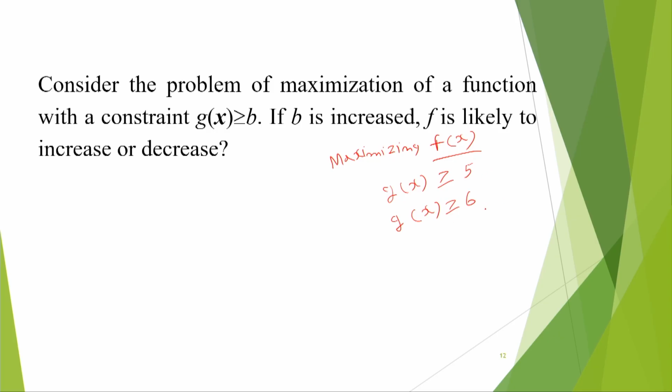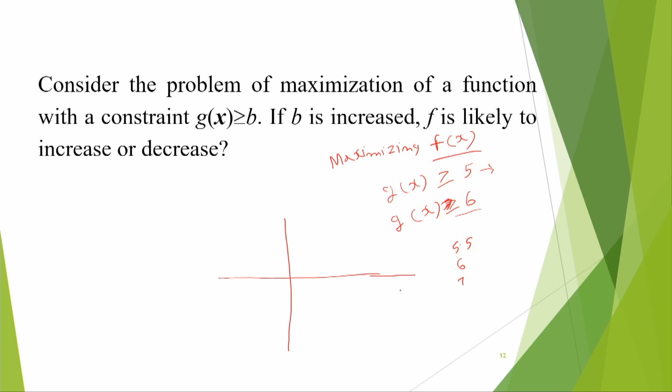Naturally g(x) greater than 6 is more strict, because when I said g(x) greater than 5, that means g(x) can be 5.5 also, it can be 6 also, it can be 7 also. So g(x) greater than 6 is contained in this.